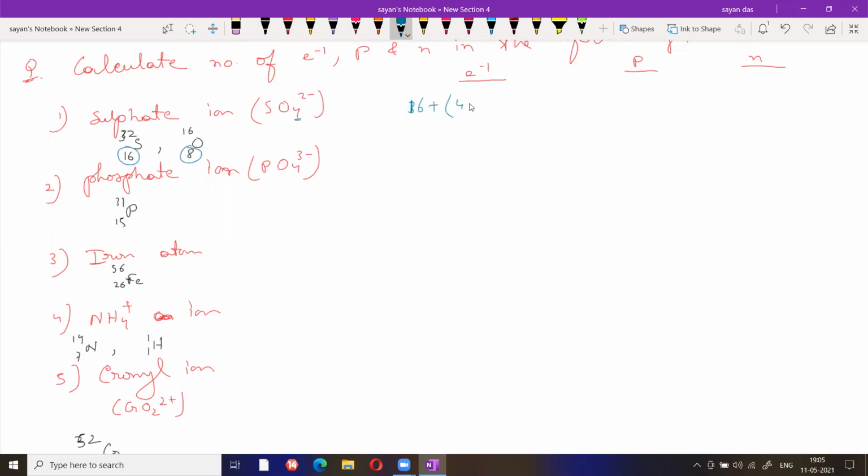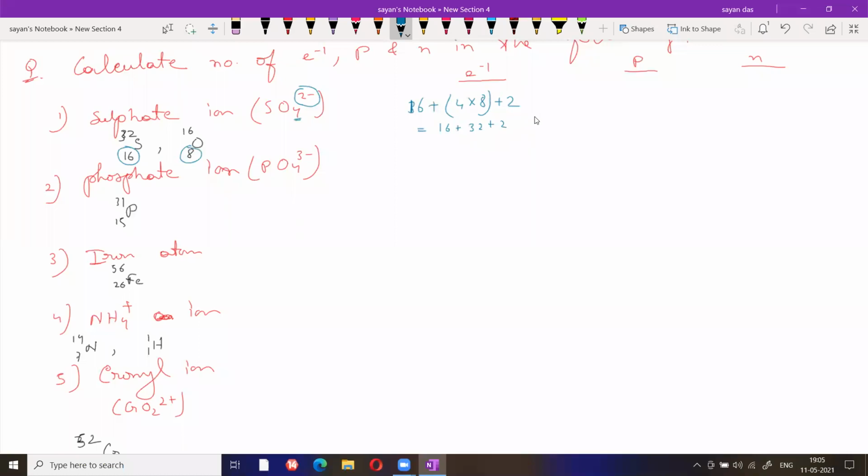In one oxygen, how many electron is present? 8. And 2 minus means 2 extra electron present here. So what is the value? If you go through this one, 16 plus 32 plus 2 equals 50.